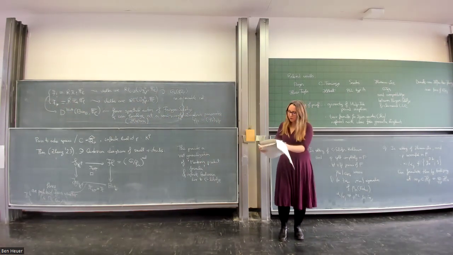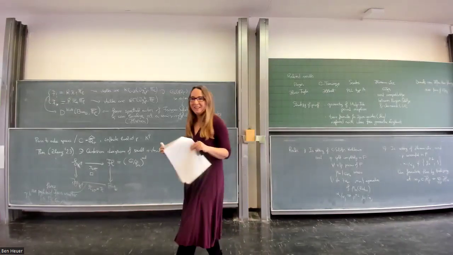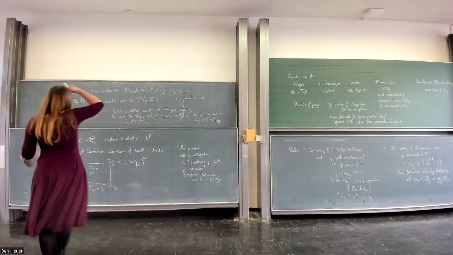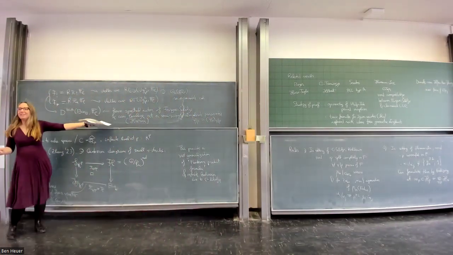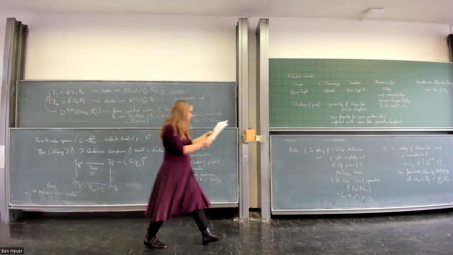Sorry, could you explain that a bit more? What does it mean to localize at the Langlands parameter? I don't want to go into this; you can look at this article of Hansen. Sorry, I'm not going to go into this right now.